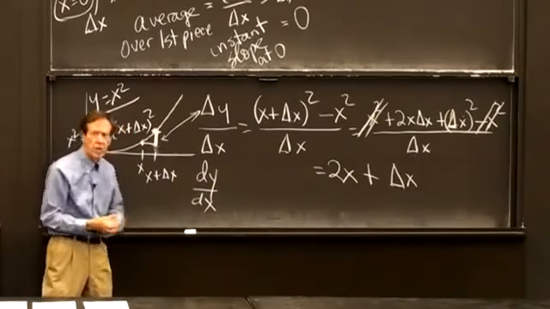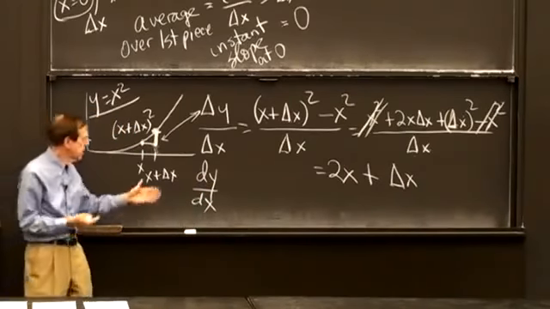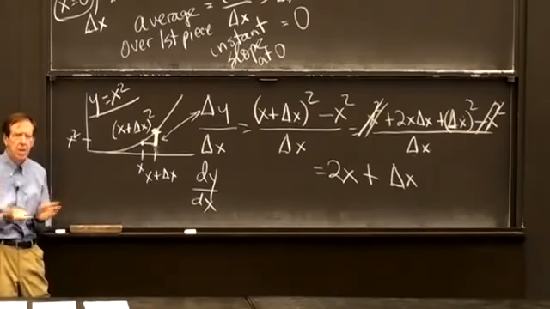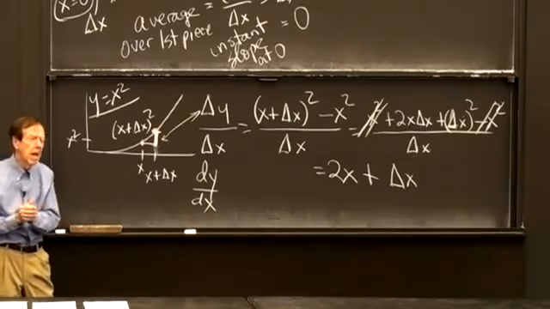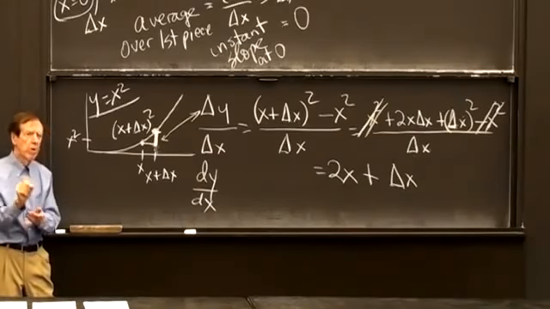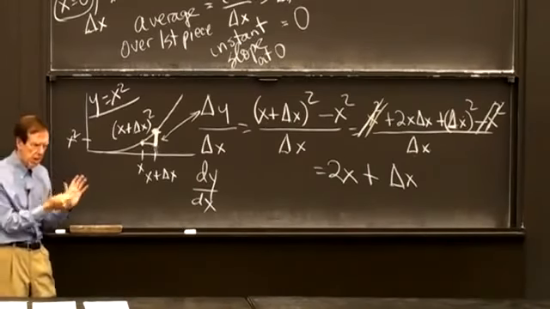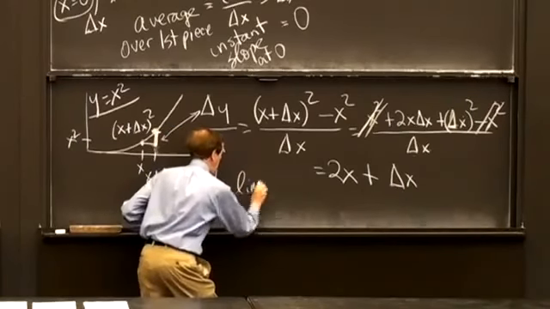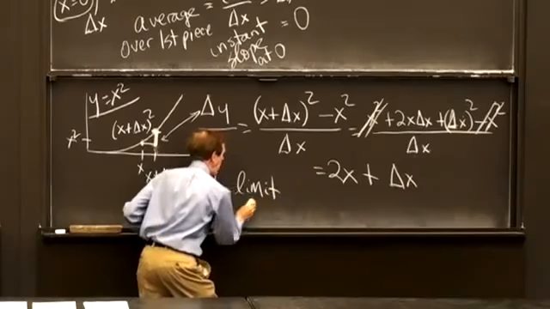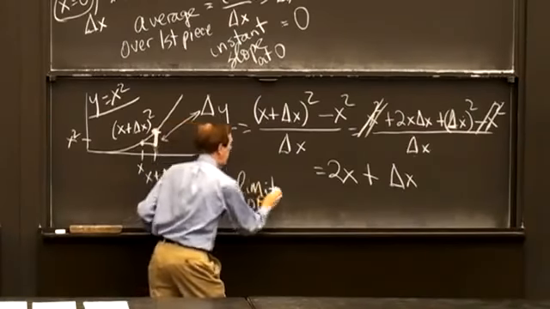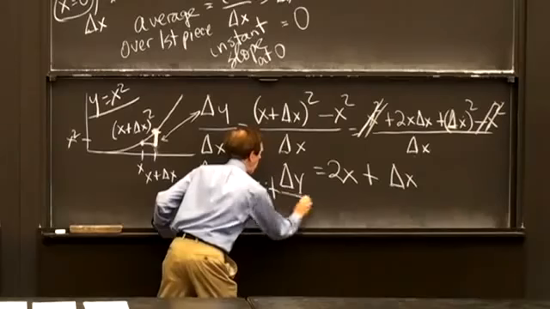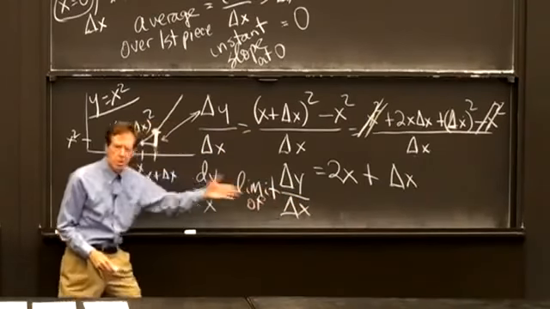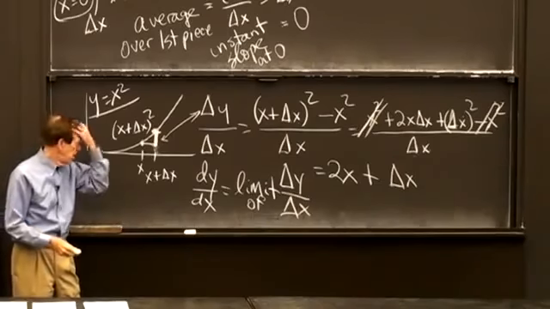This isn't a true division, because it's effectively 0 over 0. And you might say, well, 0 over 0, what's the meaning? Well, the meaning of 0 over 0 in this situation is, I take the limit of this one, which does have a meaning, because those are true numbers. They're little numbers, but they're numbers.